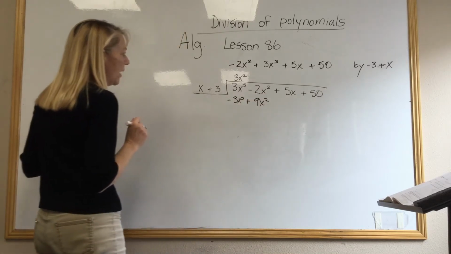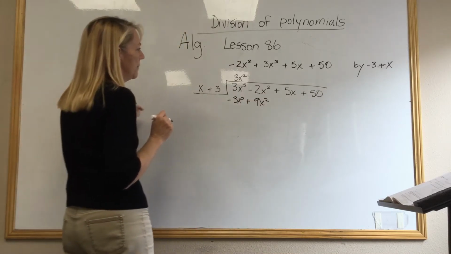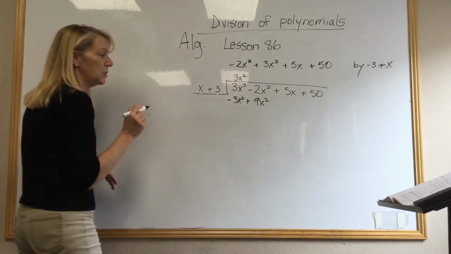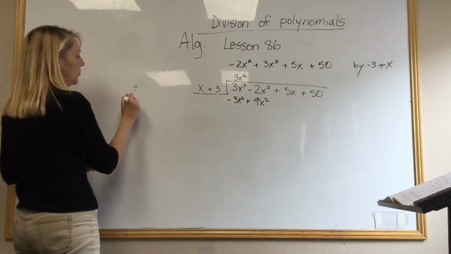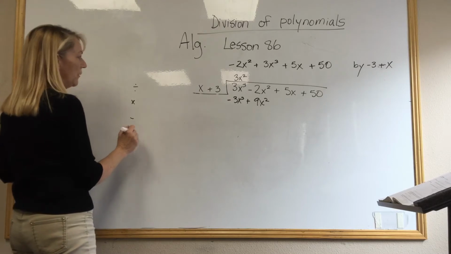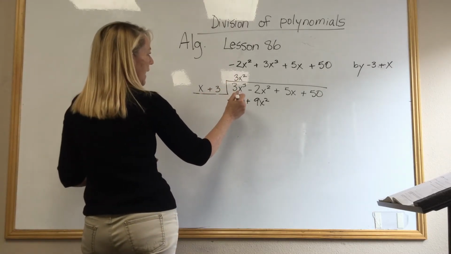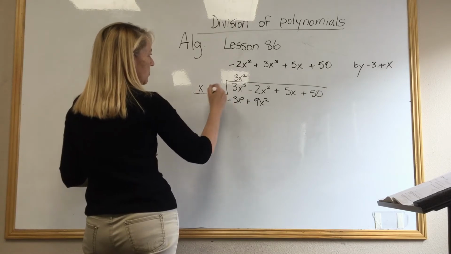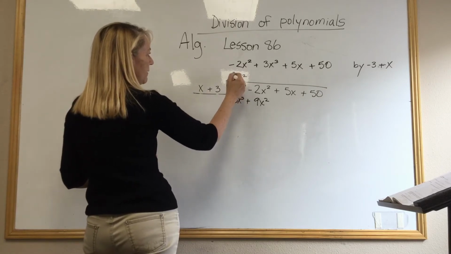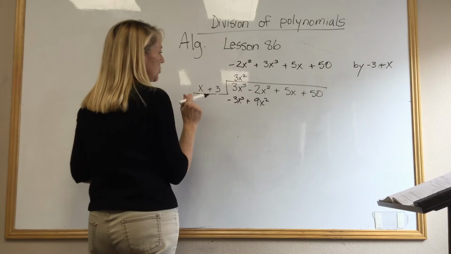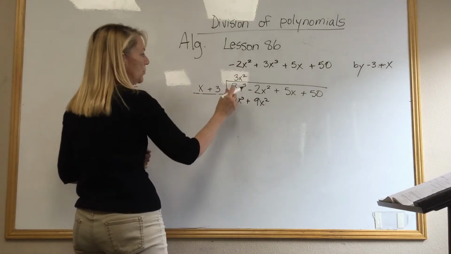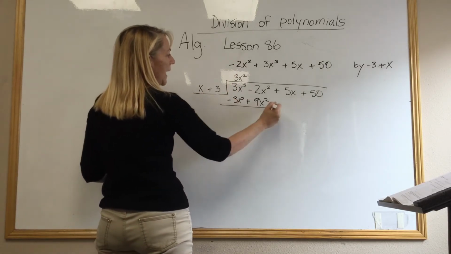You know the 4 steps of division: divide, multiply, subtract, and bring down. That's what we're doing. I divided, then I multiplied, and this is my answer up at the quotient. Now I'm subtracting and bringing down.